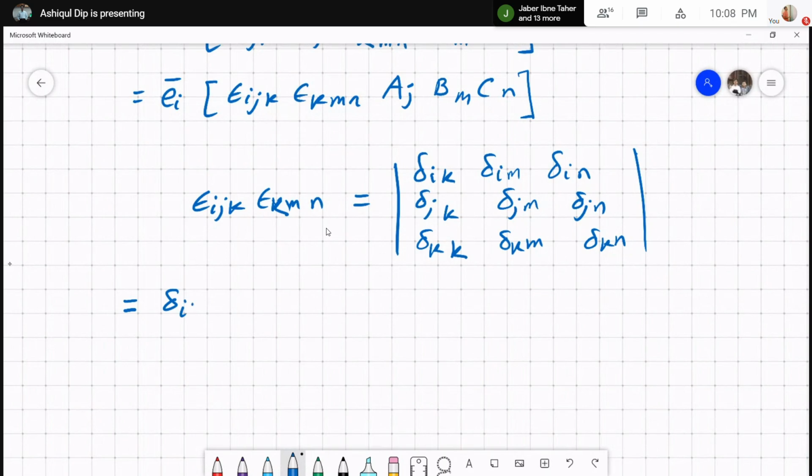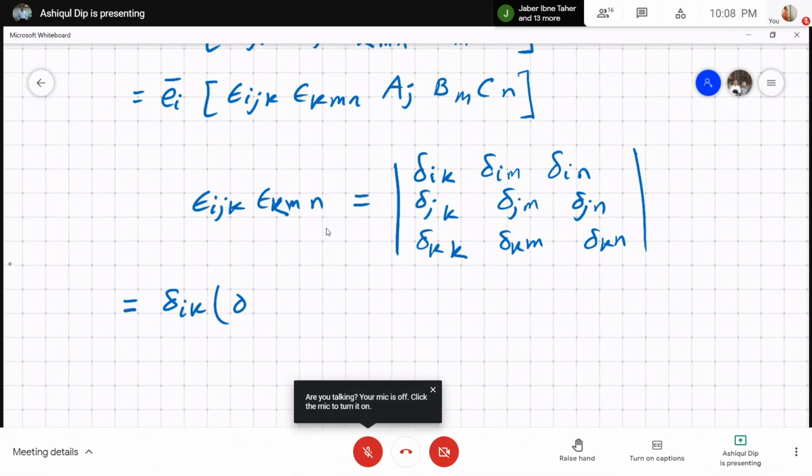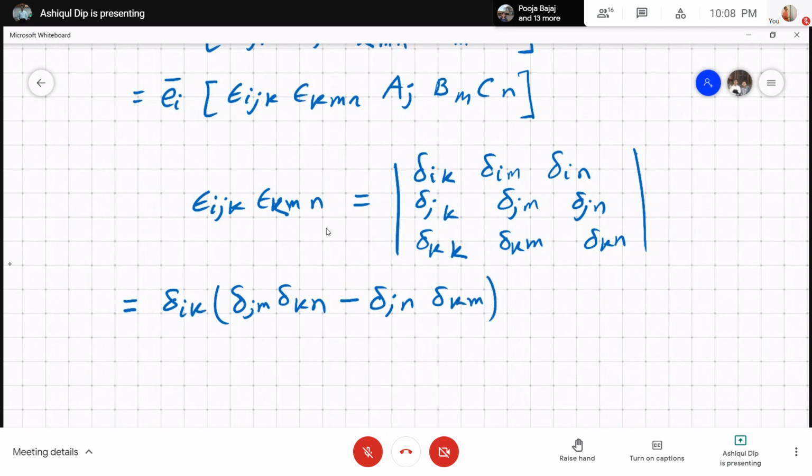So now we have delta ik multiplied by delta jm, delta kn minus delta jn, delta km, plus delta im, then these two things, delta jn, delta kk, minus delta jk, delta kn.